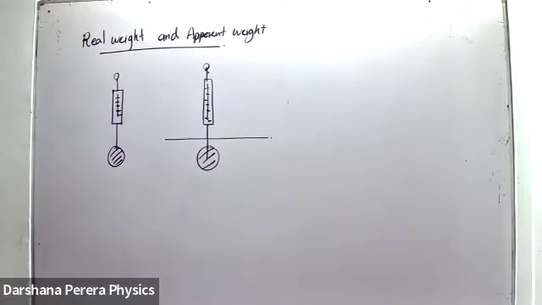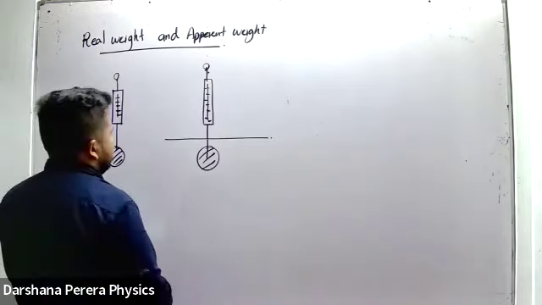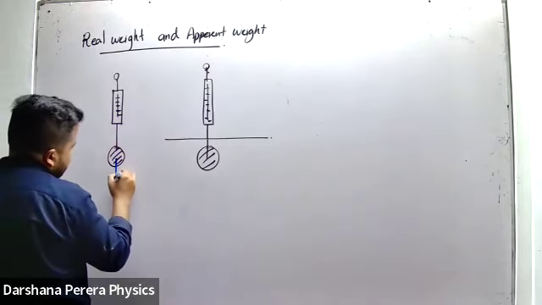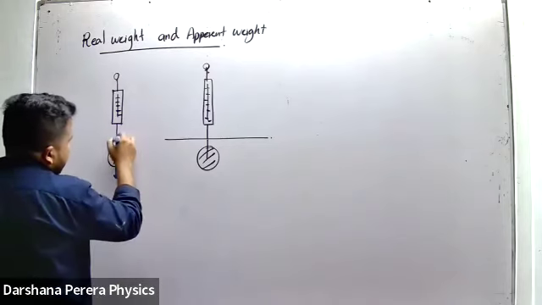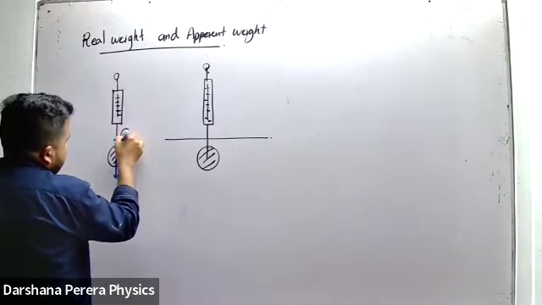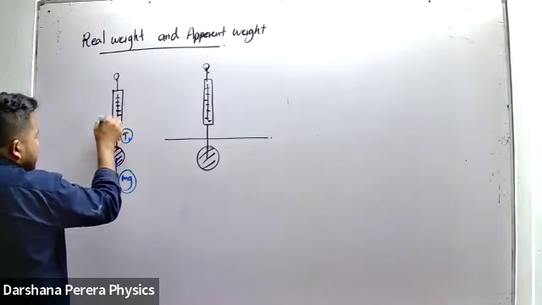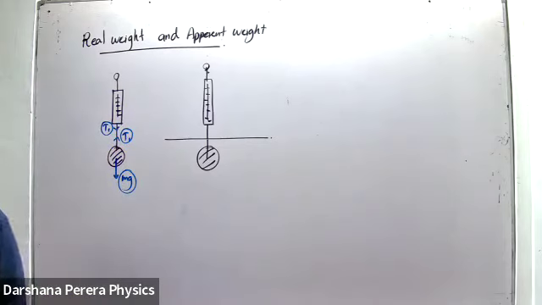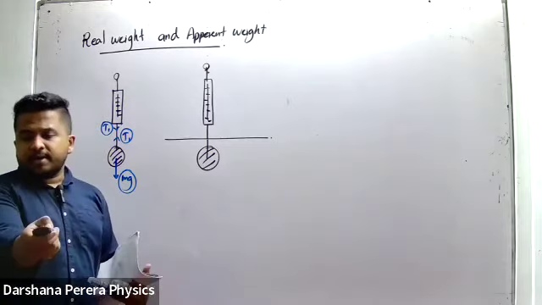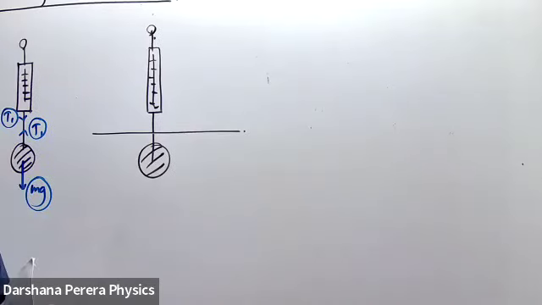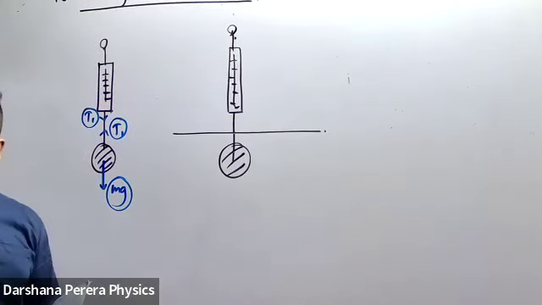So what happens? There is a mass mg and the tension T1. In this case, the real weight can occur, right?